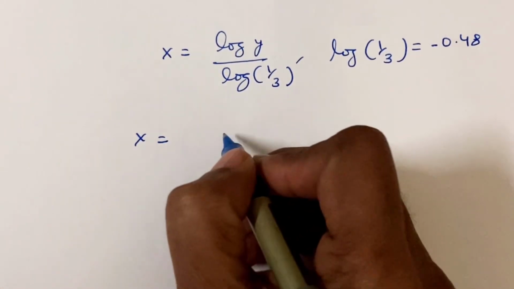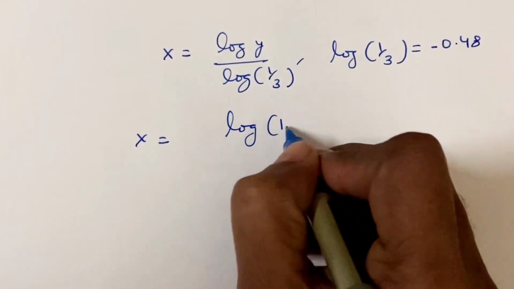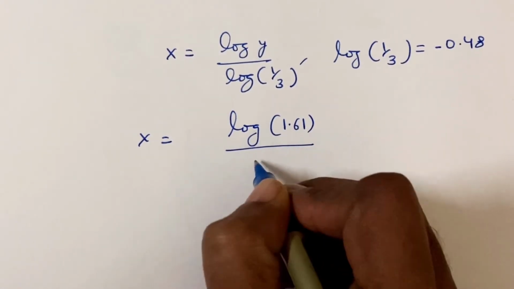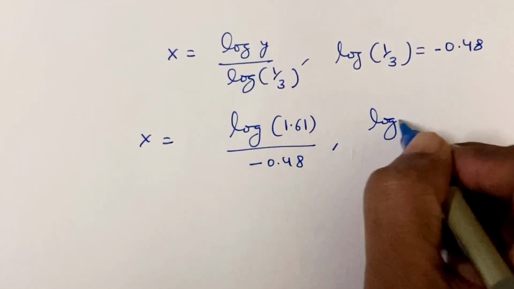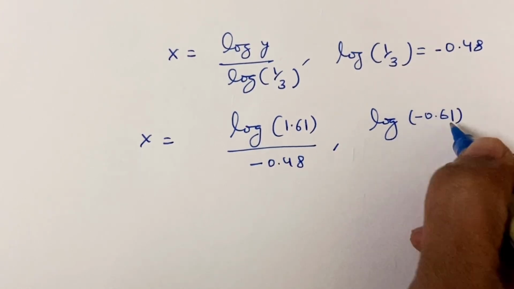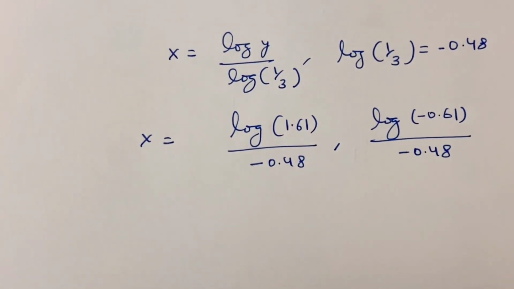X equals, as we have two values of y, it will be log 1.61 divided by minus 0.48 and log minus 0.61 divided by minus 0.48.